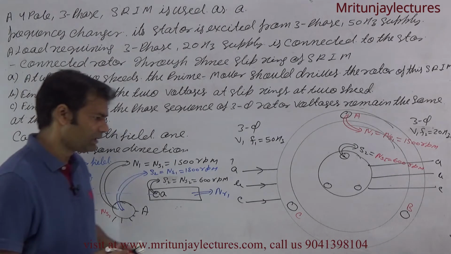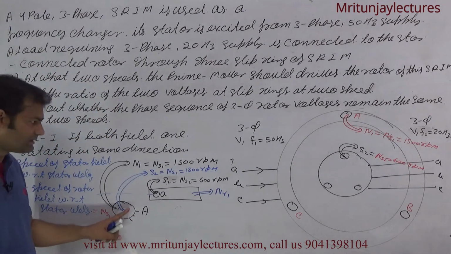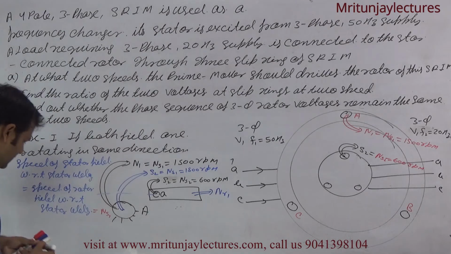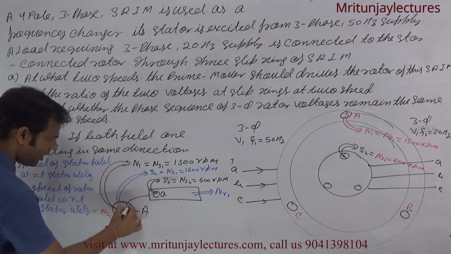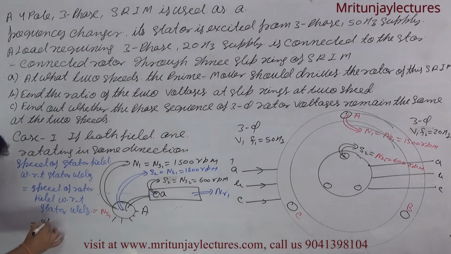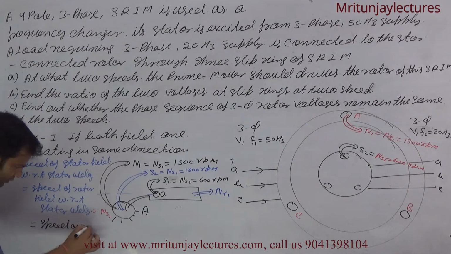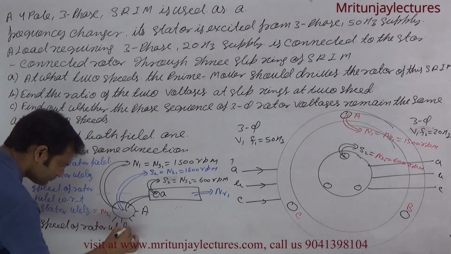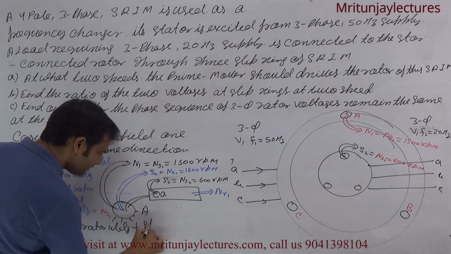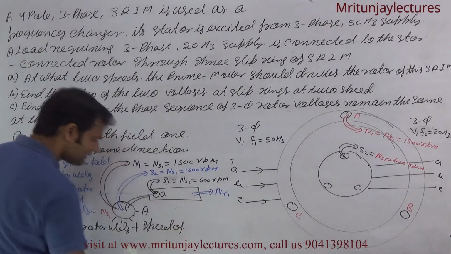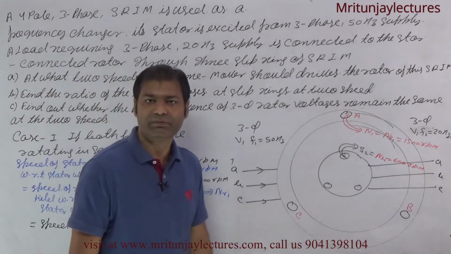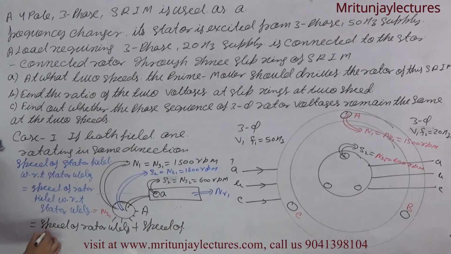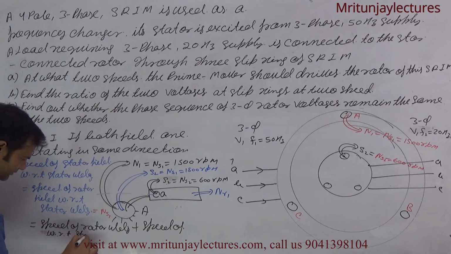Now if you sit on this one and see, this one is also written as the speed of the rotor winding plus the speed of the rotor winding with respect to the stator winding. If any doubt, written with respect to the stator winding.